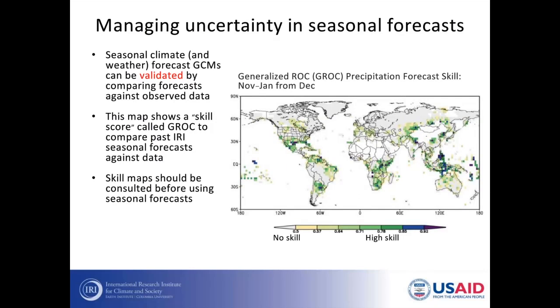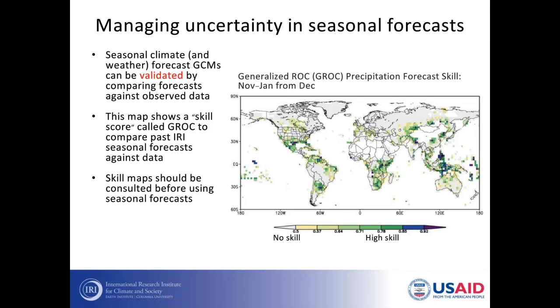Given the uncertainties in GCM output, how are these managed? Well, seasonal climate and weather forecasts made by GCMs can be validated by comparing the forecasts against observed data. The map on the right shows a skill score used by climatologists called GROC to compare past IRI seasonal forecasts against data, looking at the forecasts made over past years.